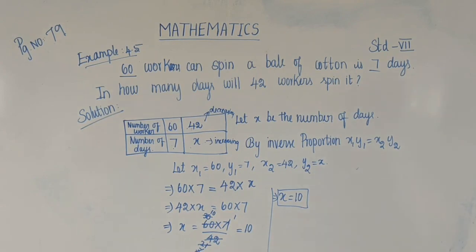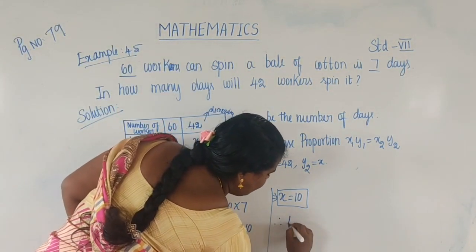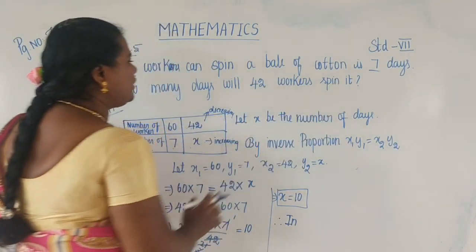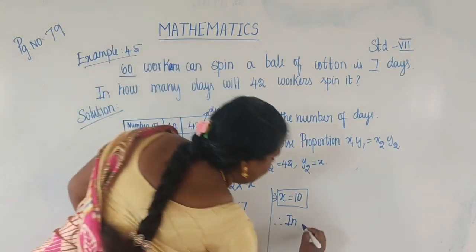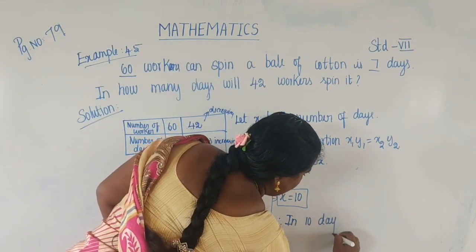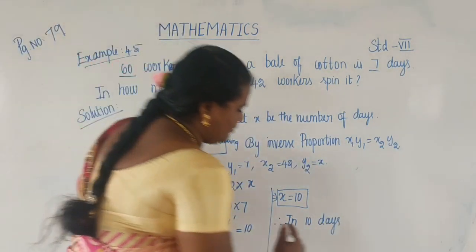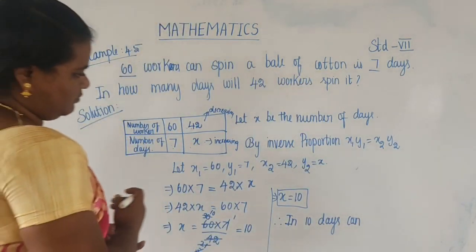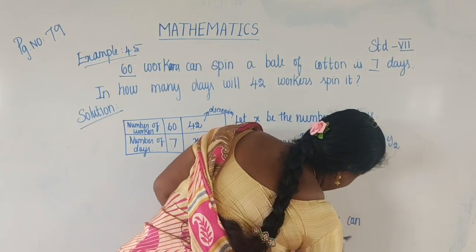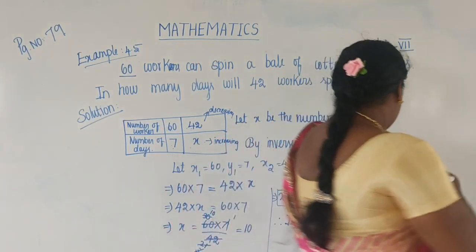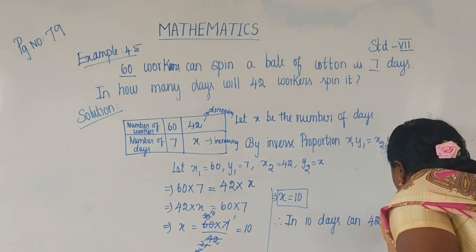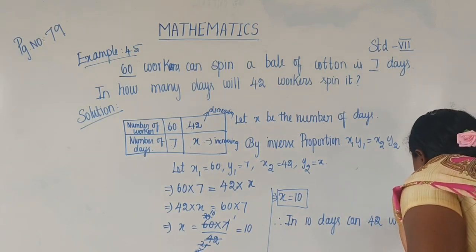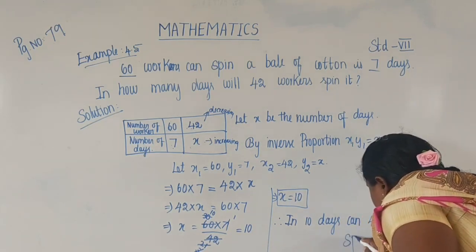Therefore, in how many days will 42 workers spin? In 10 days, 42 workers can spin a bale of cotton.